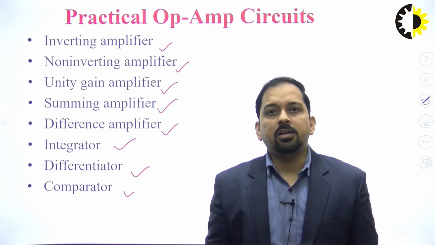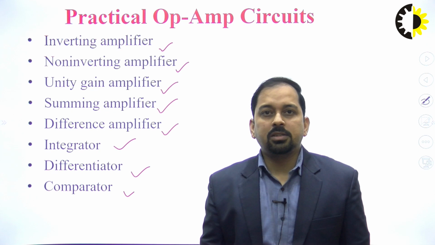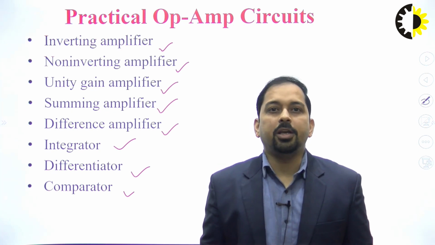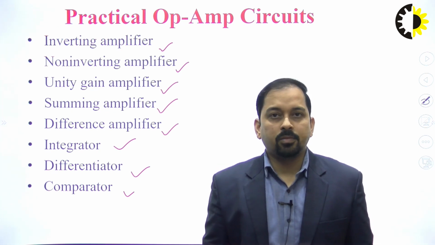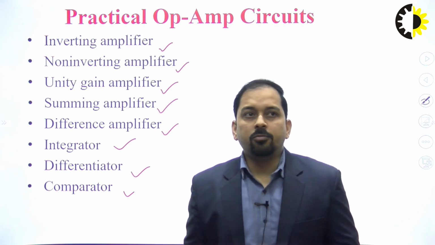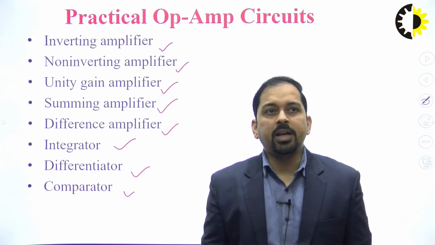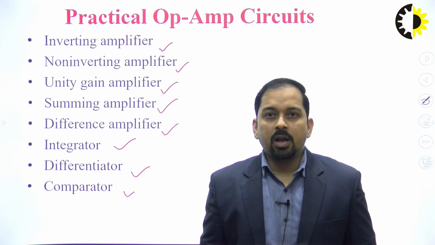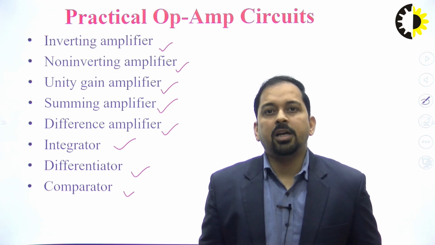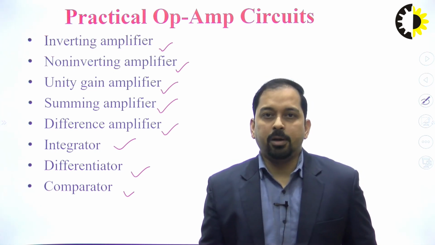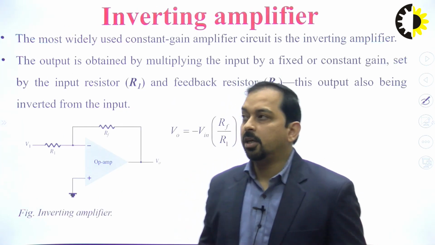The advantage of decreasing this gain is that the stability of the circuit increases. So in this lecture we will see various applications of OPAMP, and these applications basically deal with negative feedback. So the very first application is an inverting amplifier.